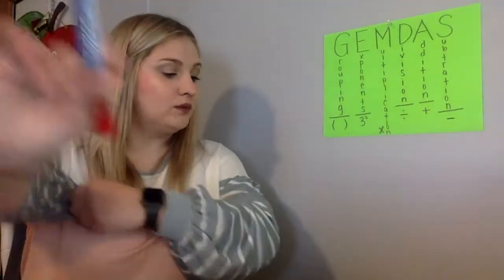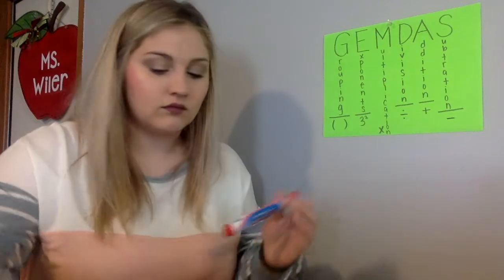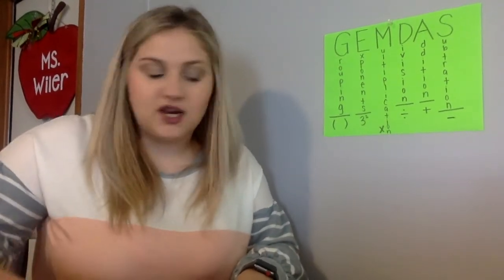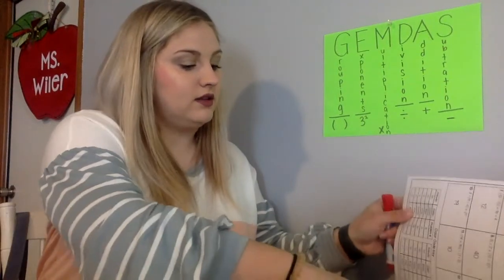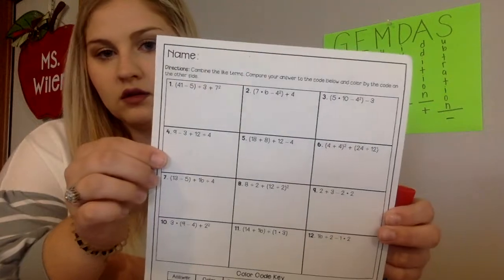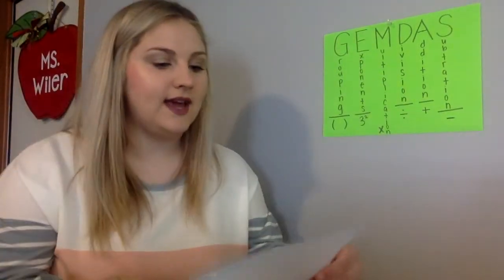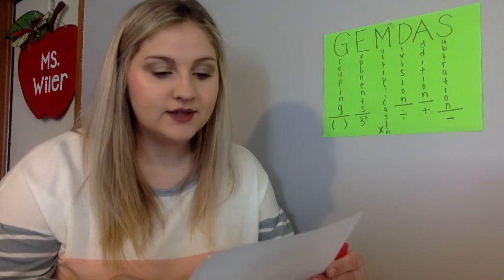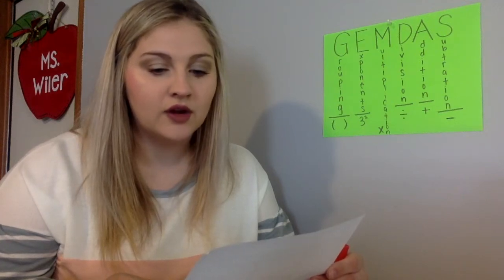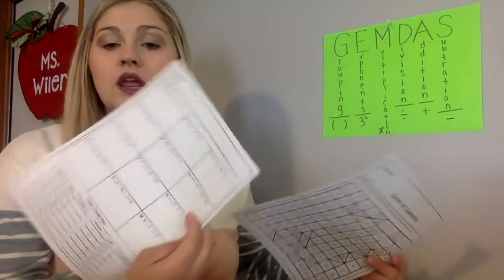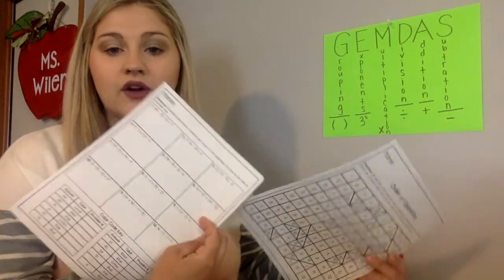So now you need to get out your worksheet. You need to get out this worksheet right here. The directions on it say combine like terms, compare your answer to the code below, and color by the code on the other side. So using this sheet, there's a color code at the bottom.